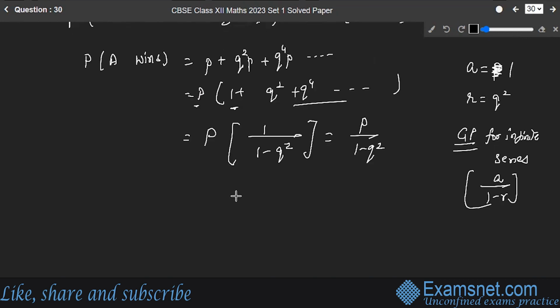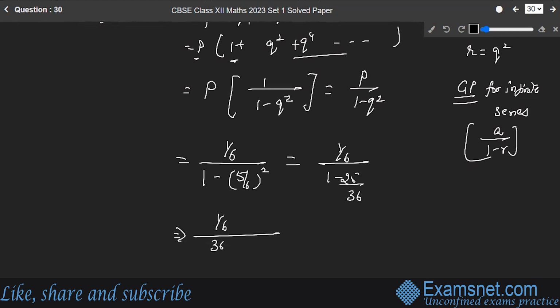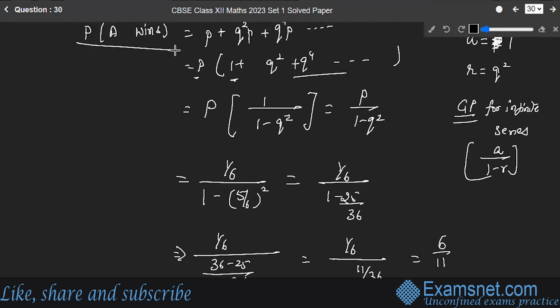Correct? So what is P? 1 upon 6. Q is 5 upon 6, squared. This is equal to 1 by 6 upon 1 minus 25 upon 36. That is equal to 1 by 6 upon 36 minus 25 upon 36. That is equal to 1 by 6 upon 11 upon 36, which gives me 6 upon 11. Right. Now this is the probability that A wins.